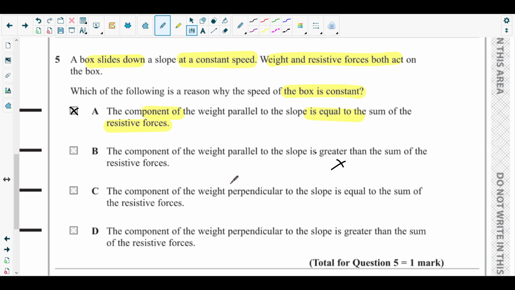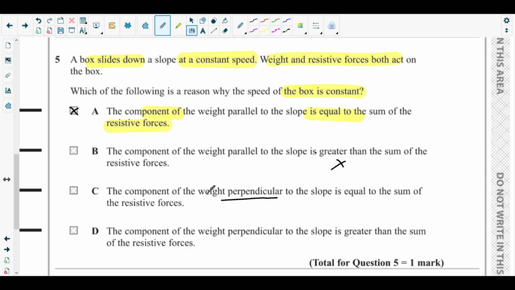Okay, C is not the answer because C says perpendicular component. We don't need to consider perpendicular, right? Because we are considering the movement along the plane, along the slope. There's no need to consider the perpendicular.